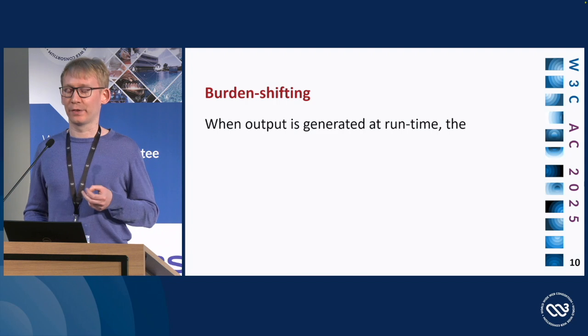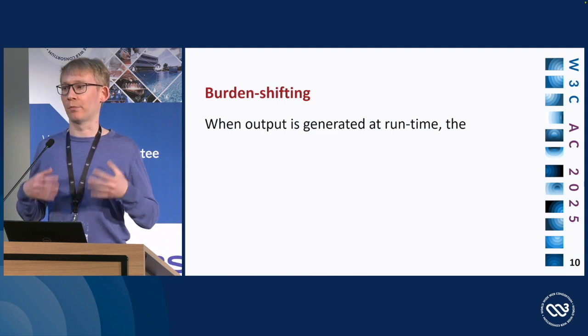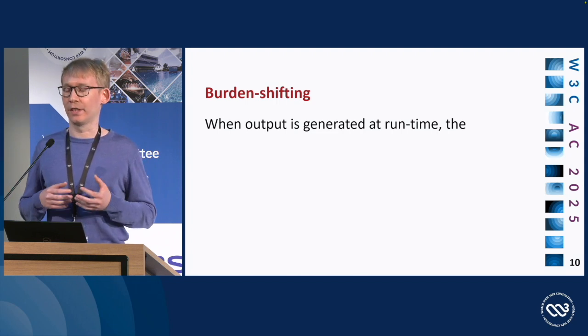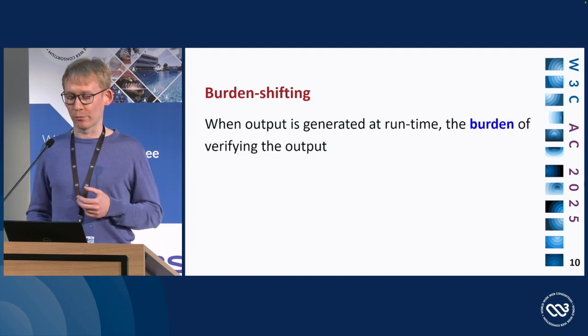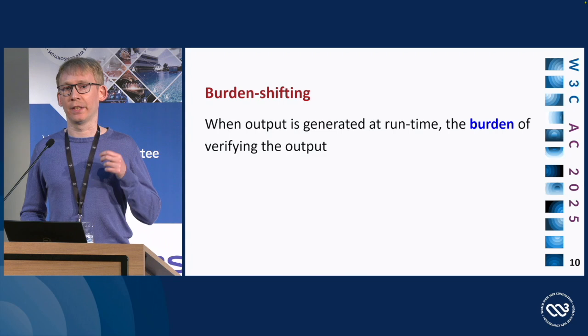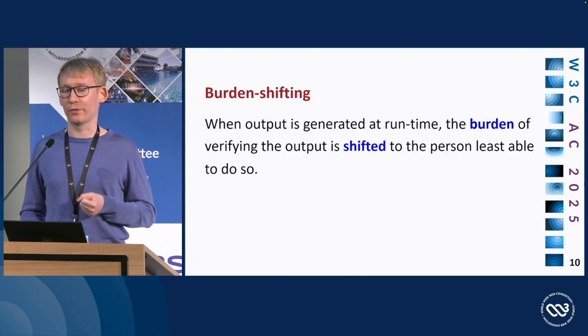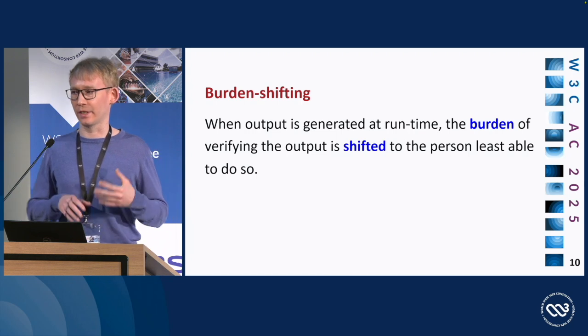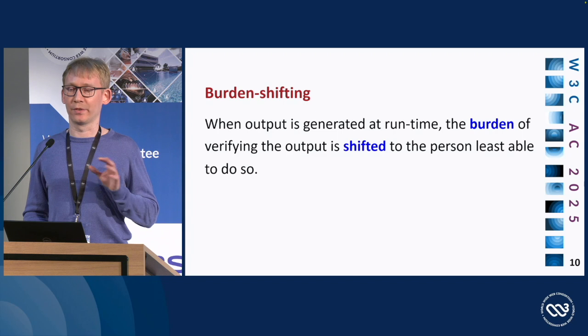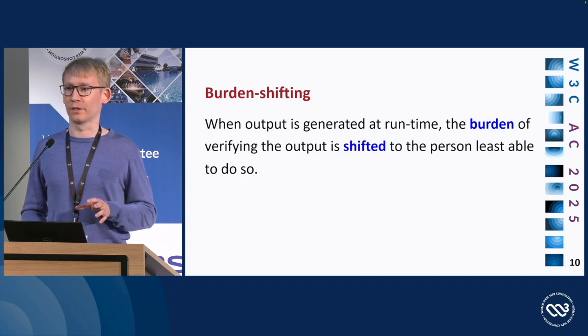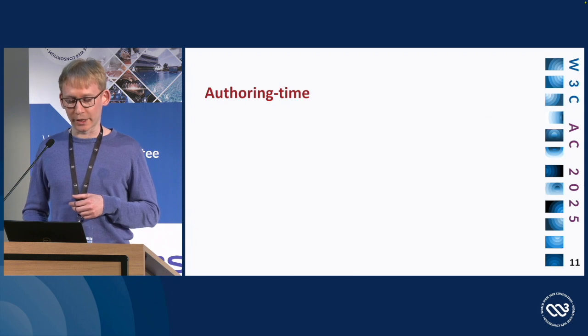Now, if captions or some output, it doesn't matter what it is, are generated at runtime or, let's say, on demand without human involvement, then the burden of verifying the accuracy of that output is shifted to the person that's least able to do so. So in this case, you're asking somebody that can't hear the audio to verify the captions. So this is a really critical concept and relates especially to accessibility, but is a general one as well that you may have heard of.